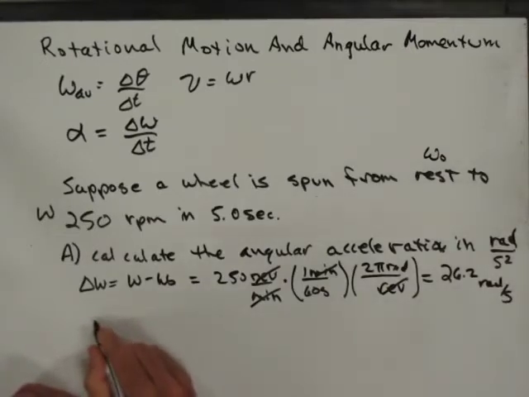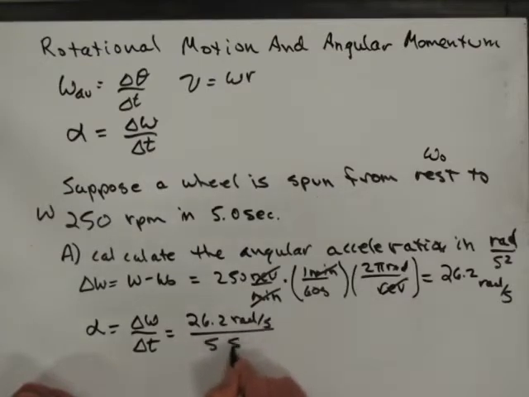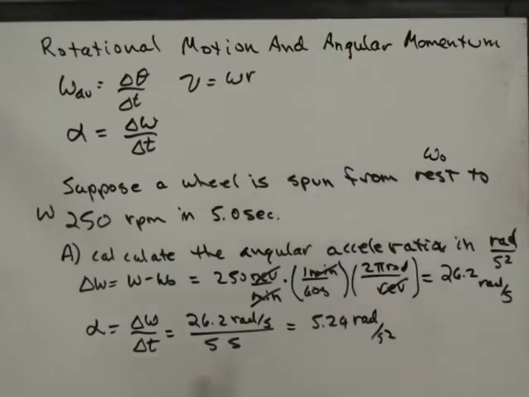And so my angular acceleration, which is delta omega over delta t, is 26.2 radians per second over 5 seconds, which is like 5.24 radians per second squared.